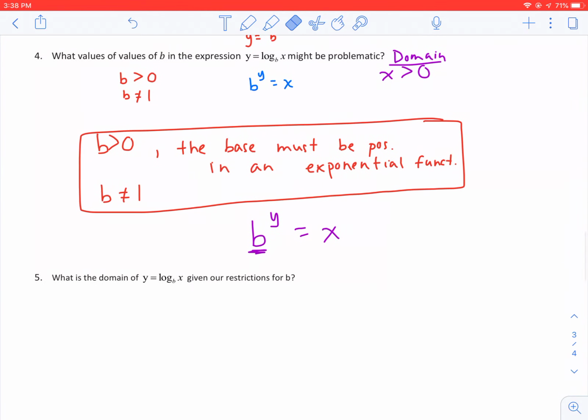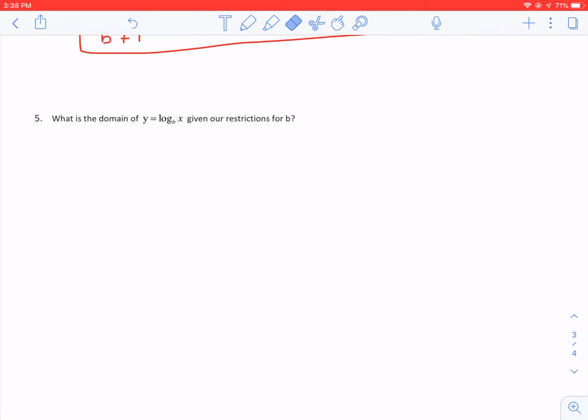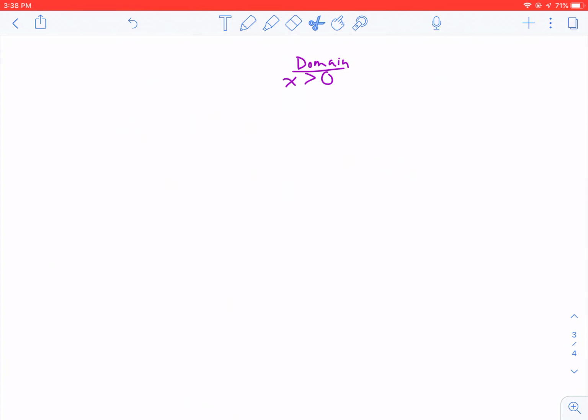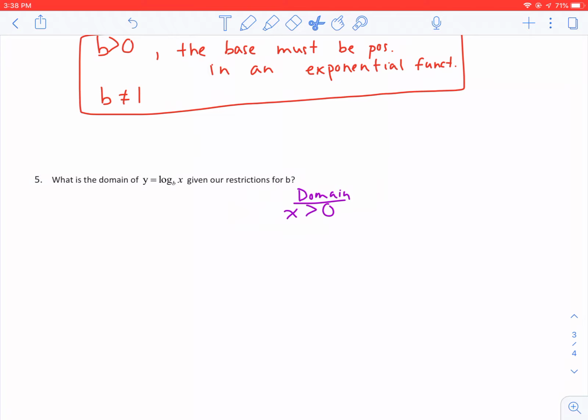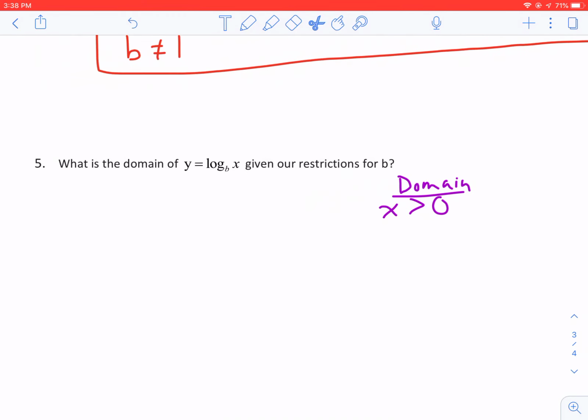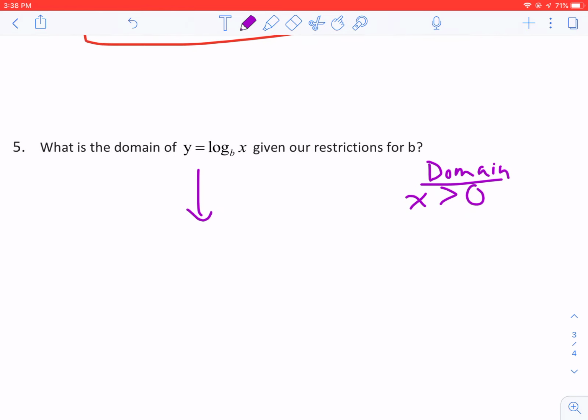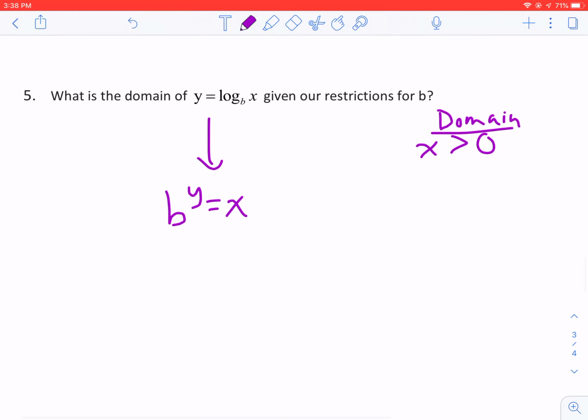All right. So if we look at number 5 here, what is the domain of y equals log base b of x given our restrictions for b? That's actually what I wanted to talk about down here. I jumped the gun, sorry. But our domain has to be x is greater than 0. Because, again, this means b to the y is equal to x, right?